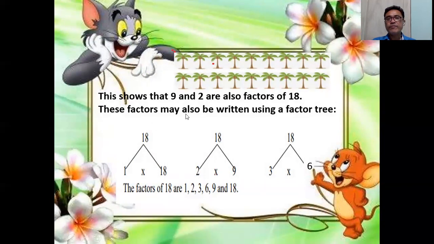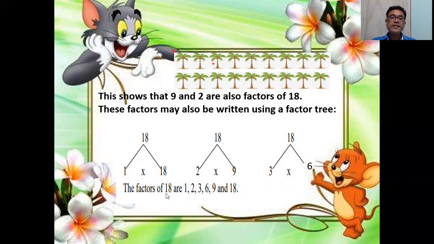Now, these factors may also be written using a factor tree. 1 and 18 are factors of 18. We also have 2 and 9, and 3 and 6. So the factors of 18 are 1, 2, 3, 6, 9, and 18.